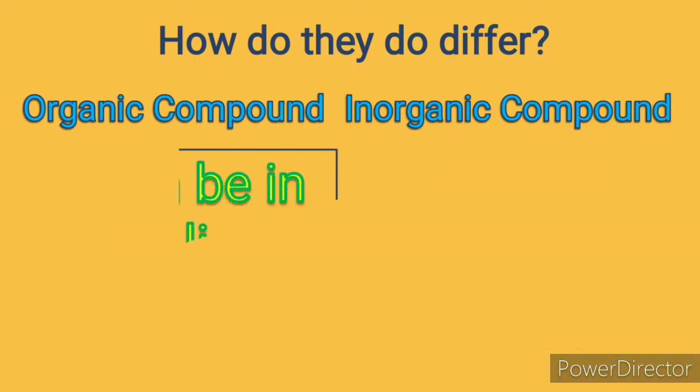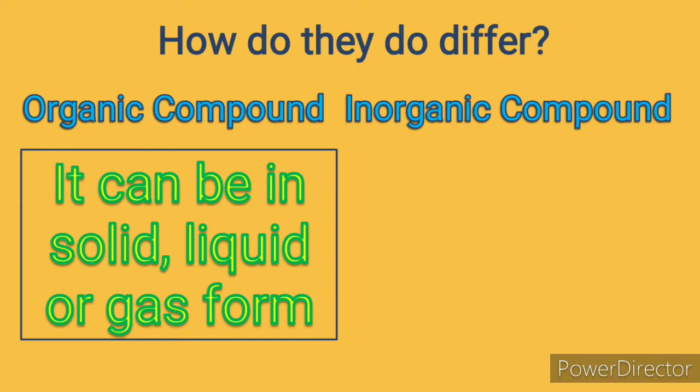What else? An organic compound can be in solid, liquid, or gas form. So all phases of matter, an organic compound can be in this form: either solid, liquid, or gas.